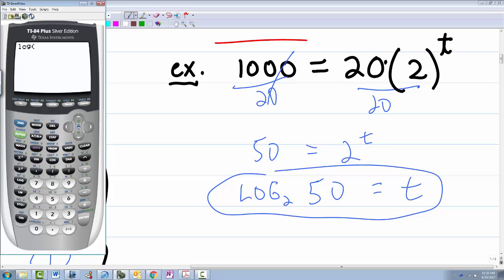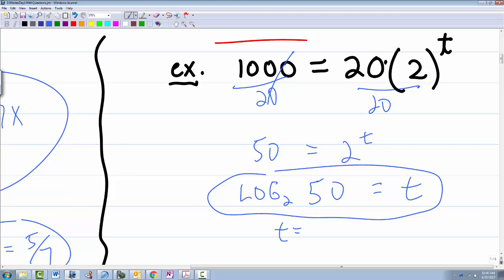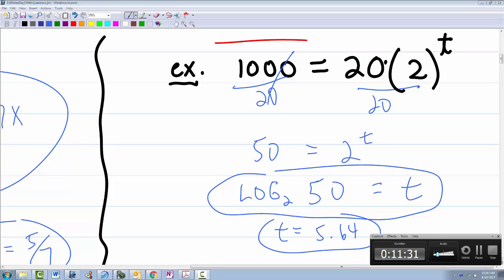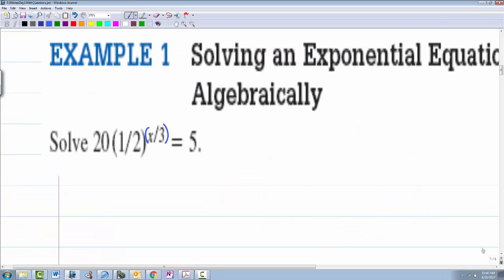Log of the answer, in this case, which is 50, close the parentheses, divided by log 2, and you don't have to close that. You can be lazy, but I won't be. Okay, does that answer make sense, at least? 5.64. It is definitely in the range. Love that word, output.